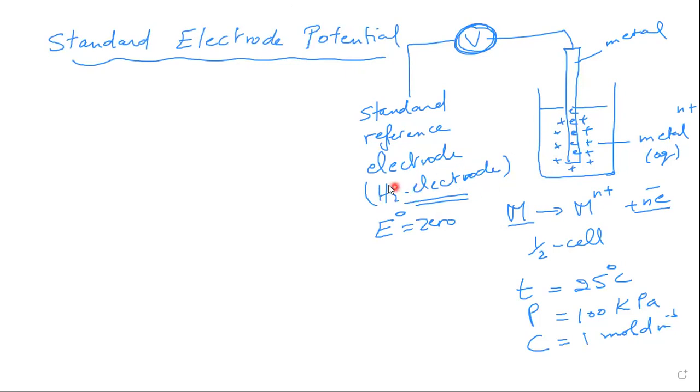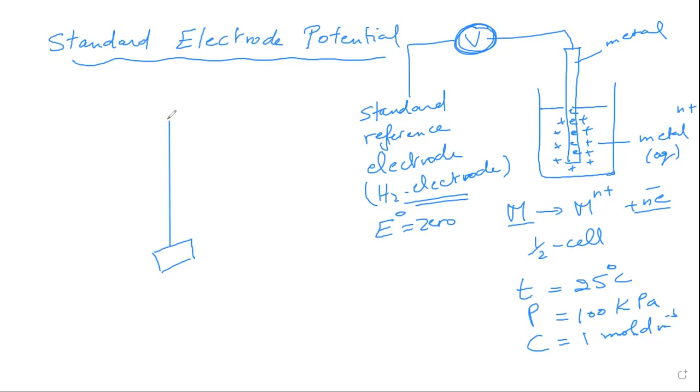Do you remember how the hydrogen electrode is constructed, or should I remind you? Remind me. Okay, we said that the hydrogen electrode consists of a platinum metal, and at the end we have what we call a platinum porous plate.